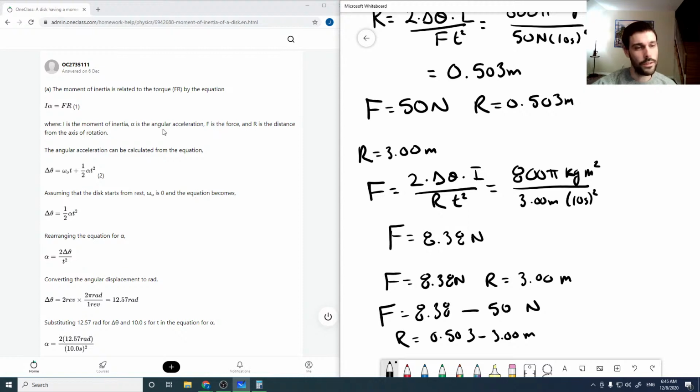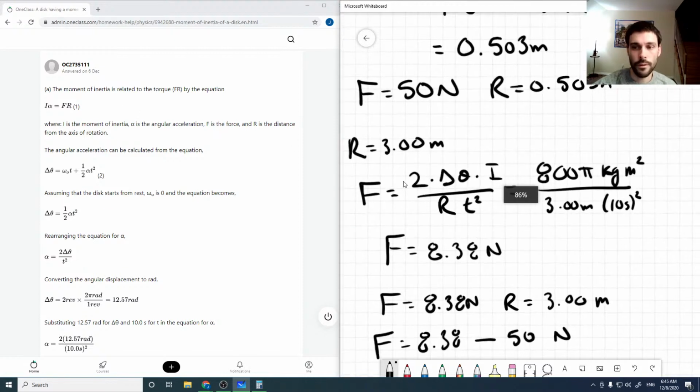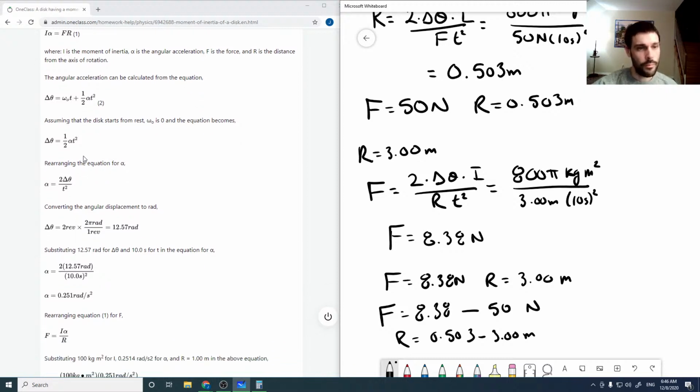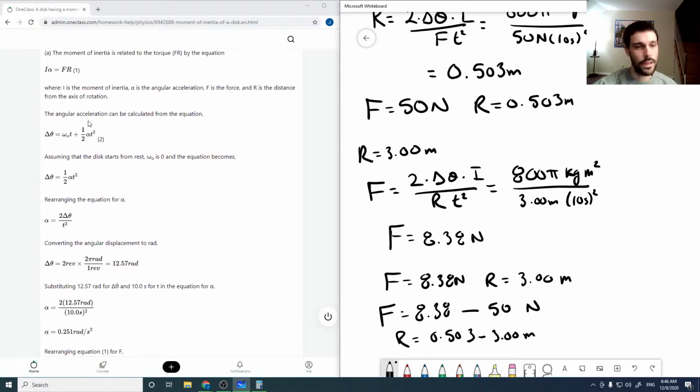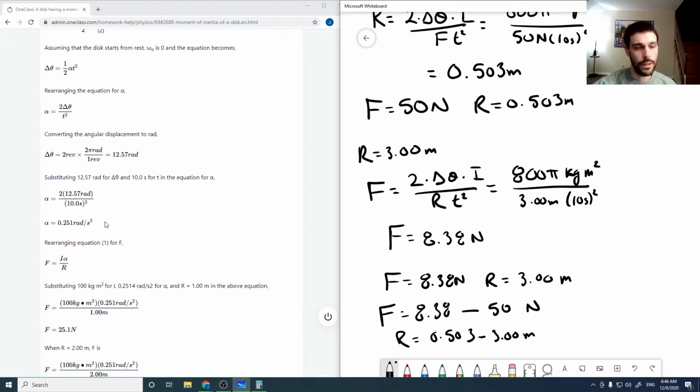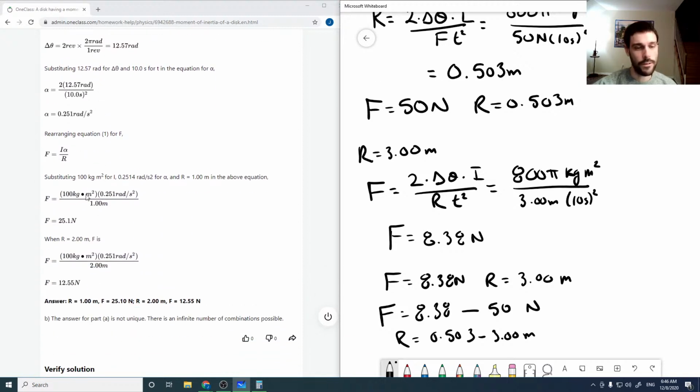Okay, if we check the solution here, so I guess we're pretty sure that this is going to be good since I followed the time they used. And yep, so they basically run through the same process. So rather than doing the integrals, they just directly use the equation, but that's fine. You can rearrange for alpha and then just plug in your values. So they have the same thing here.